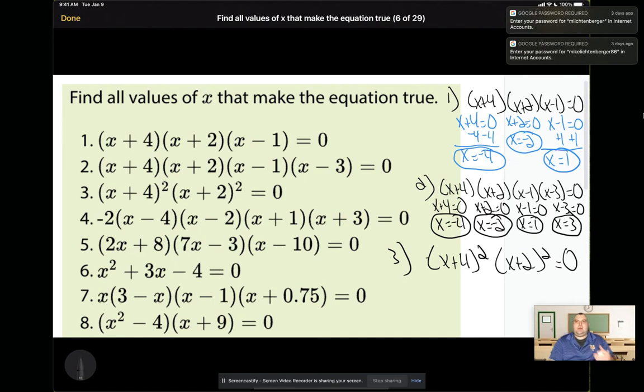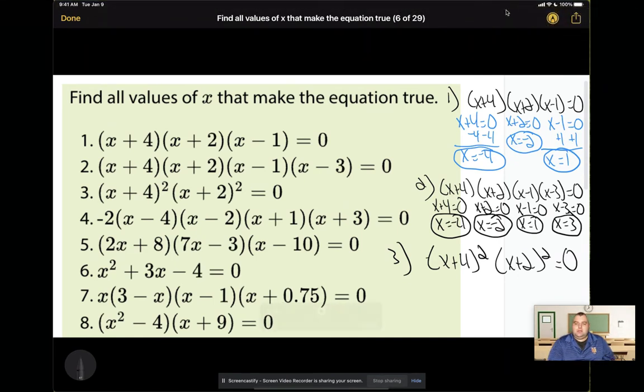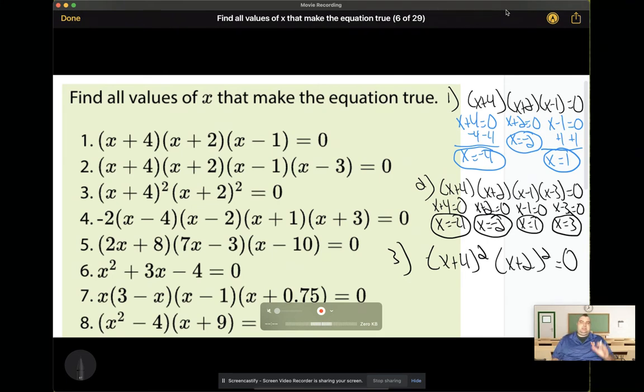Squaring means to take something and multiply it by itself. So x plus 4 squared means x plus 4 times x plus 4. And x plus 2 squared means x plus 2 times x plus 2.